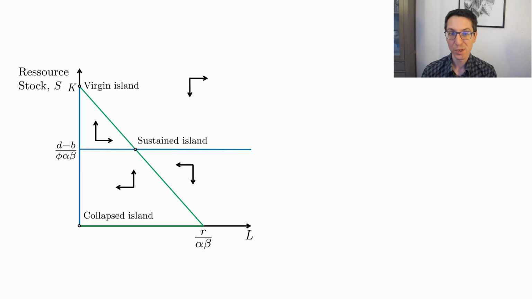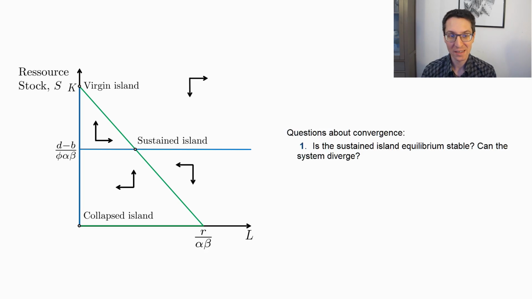So there seems to be a way for historical events to match the dynamics of the island. But before going further, some questions still remain around the convergence. So what does it actually look like? Or more specifically, we can ask questions such as, if we start, say, close to the sustained island, are we going to converge toward the sustained island?